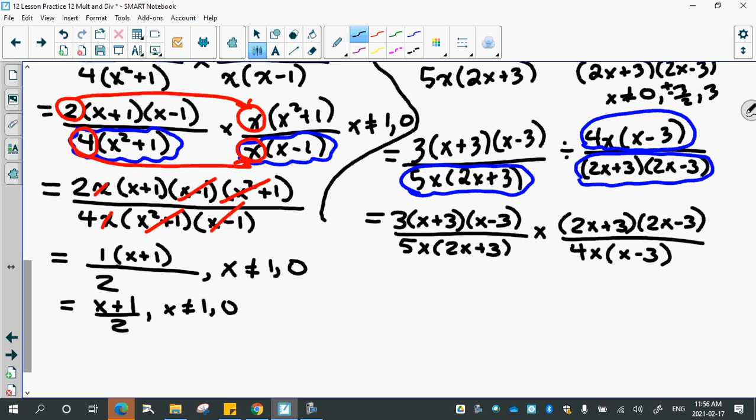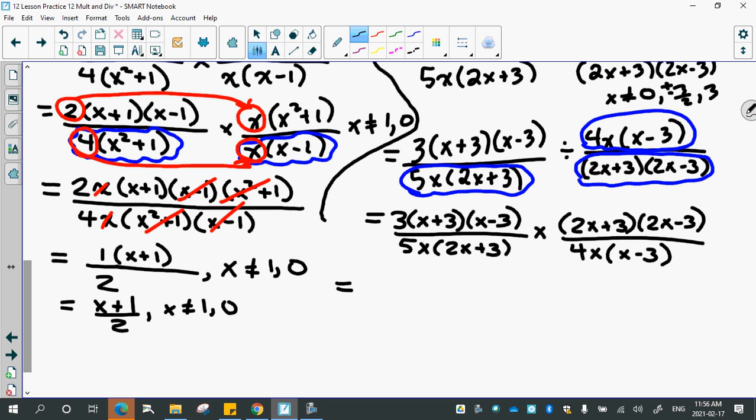So it's a lot of writing, for all I'm doing is multiplying by the reciprocal, but that's the next step.